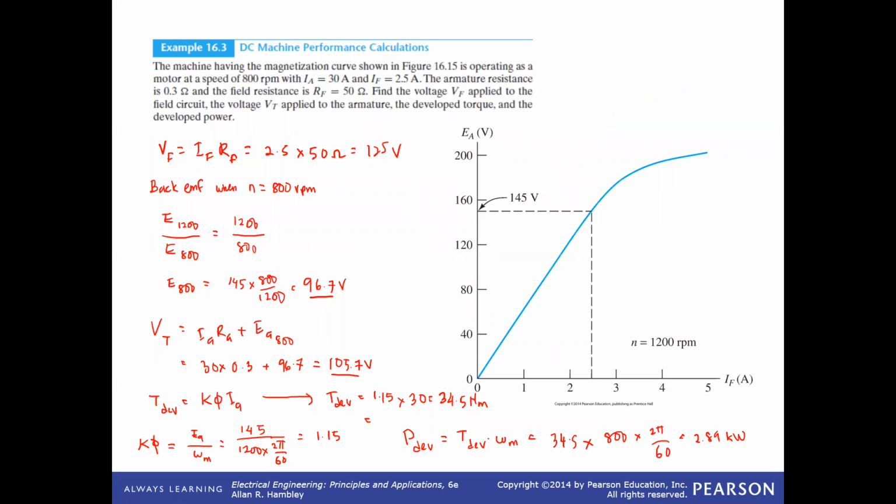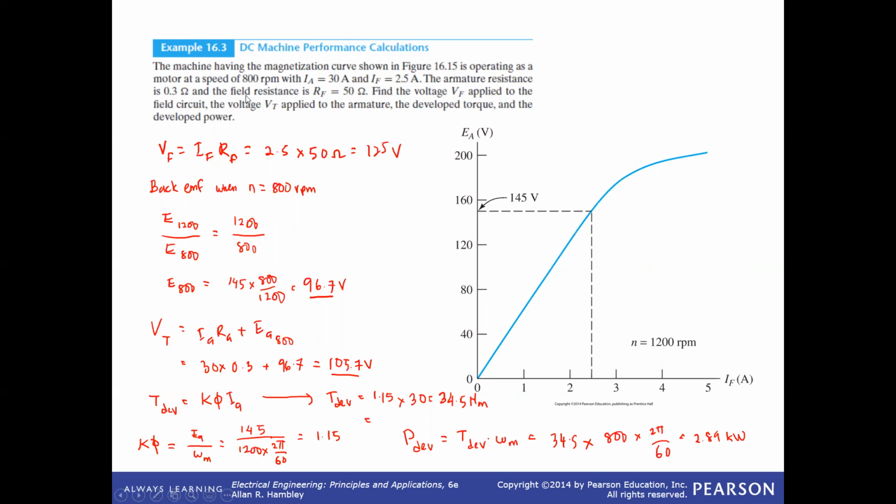Okay, we come to an example. The machine having the magnetizing curve as shown in figure 16.15 is operating as a motor at speed 800 RPM with the armature current 30 ampere and the field current 2.5.